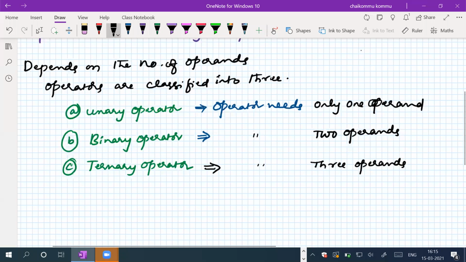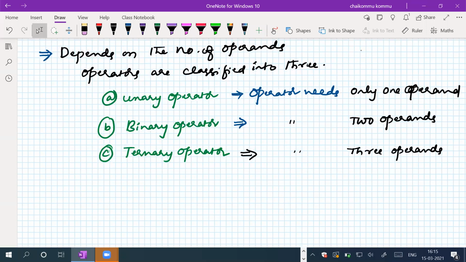Now, what kind of operation it has to do on the operands, based on that we can define the operators as either arithmetic operator, logical operator, relational operator, different types.